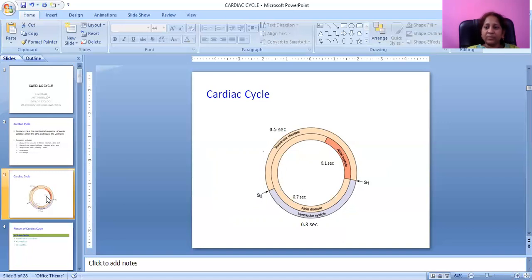These four changes occur in a circular fashion: ventricular diastole, ventricular systole, auricular diastole and auricular systole.